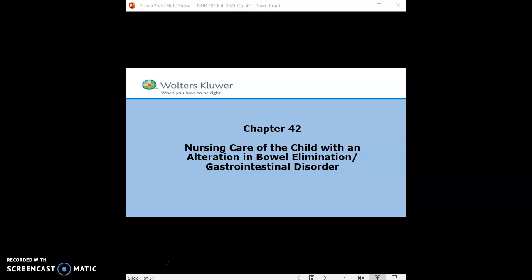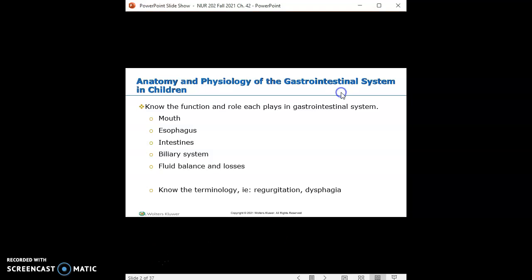So today I am going to be talking about nursing care of the child with an alteration in bowel elimination and/or a gastrointestinal disorder. Please review and be familiar with the anatomy and physiology of the gastrointestinal system in children.